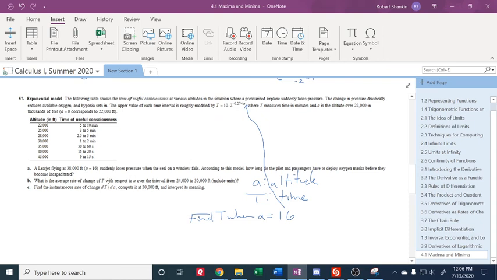What is the average rate of change of T with respect to A over the interval 24,000 to 30,000 feet? Alright, so when it says average rate of change of T, they're talking about the derivative. So we're going to have to find dT/dA. We take that derivative. Then it's average change.